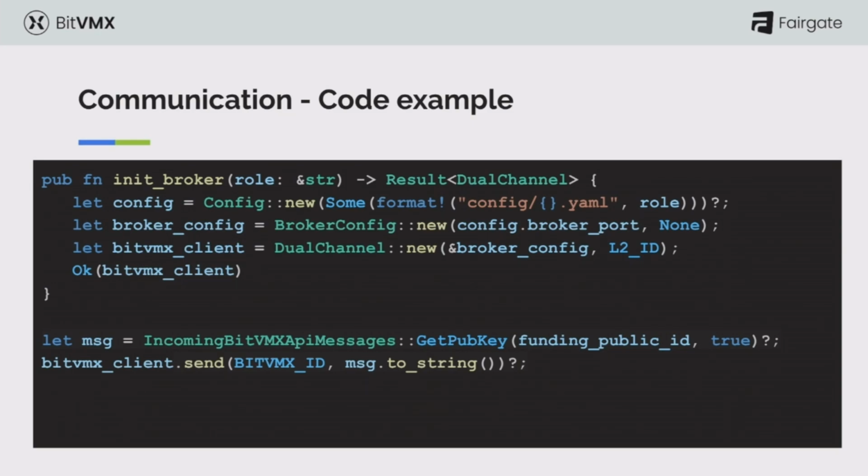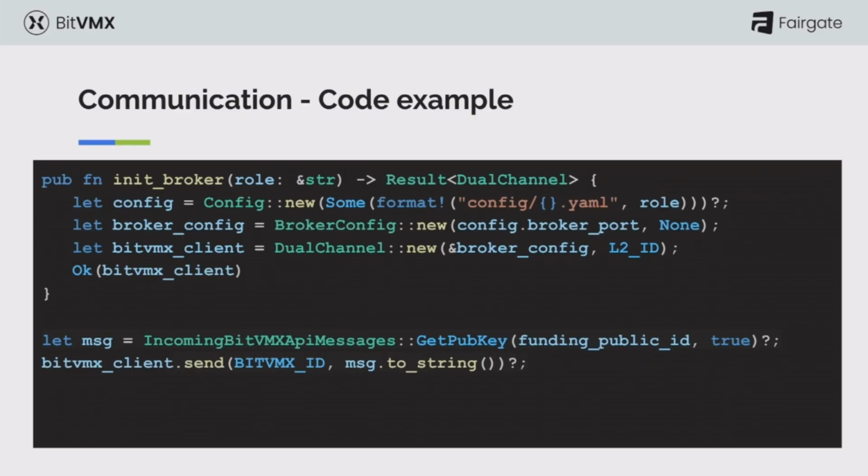And then how we send a message is through the incoming BitBMX API messages. This is a class that has all of the types of message that you can send to BitBMX, so it's what you will be using. In this case, I'm getting a public key out of BitBMX. I just need to send the ID, and the value is true or not. If it's not created already, it creates it. But as you can see, it's pretty straightforward.